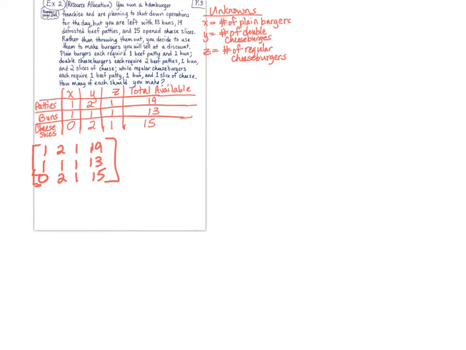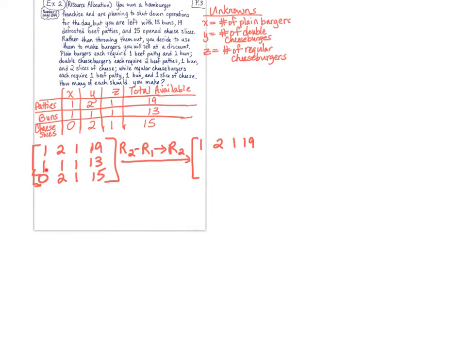So now let's do it. How can we make this a 0? Okay, row one from row two. Very good. So we say row 2 minus row 1 to get a new row 2. That will give us, row 1 is going to stay the same. So we'll have 1, 2, 1, 19. Then row 2 is changing.